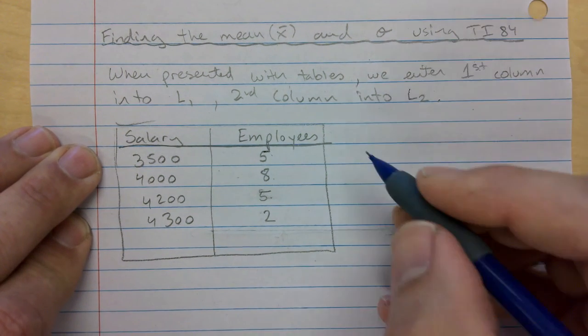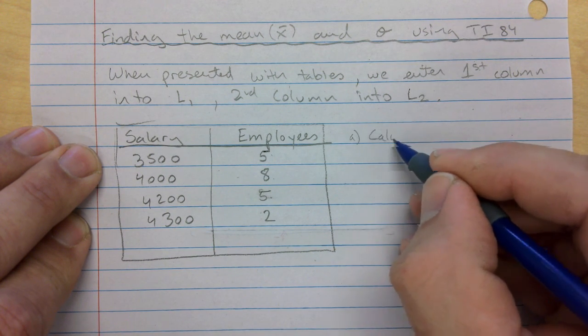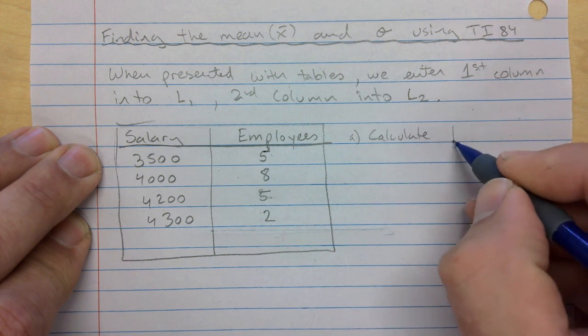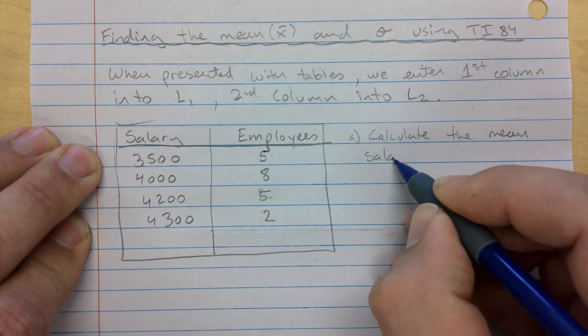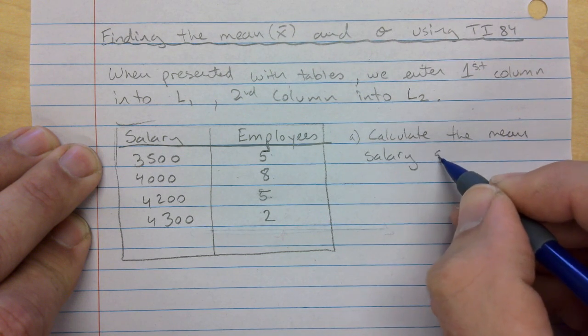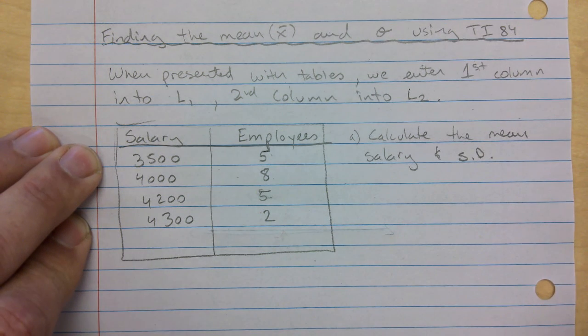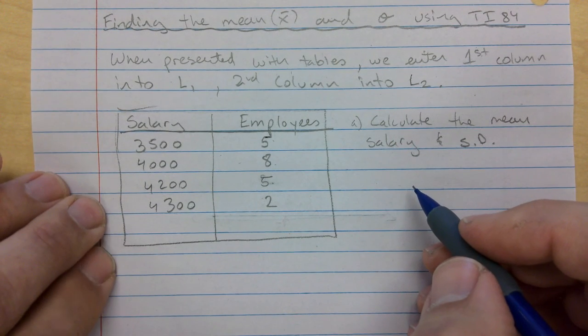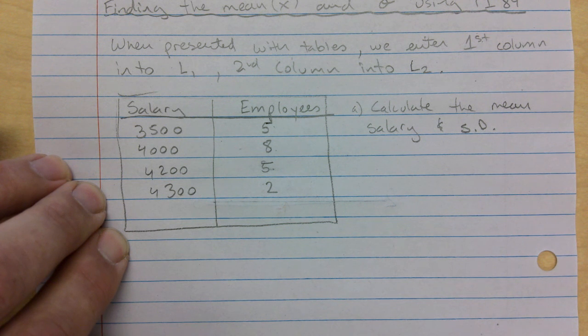So let's say you have a table like that, and you're asked to calculate the mean salary and standard deviation. Let's say you get something like that, they ask you to find the mean salary and standard deviation. Okay?